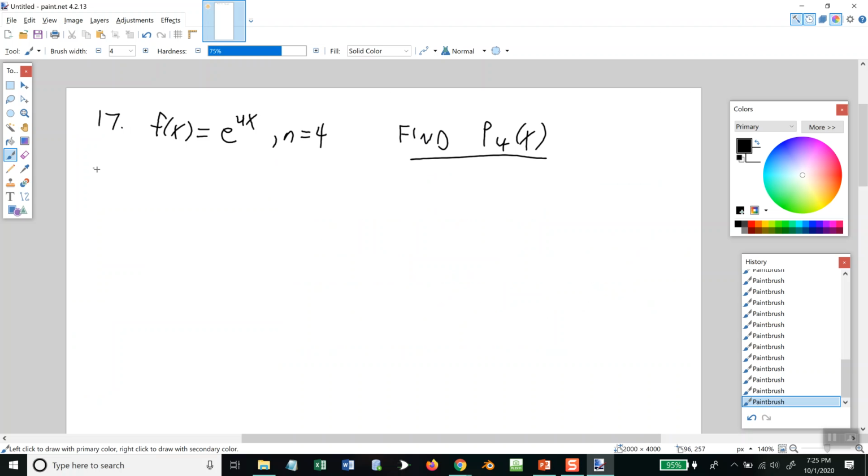First derivative of e to the power is e to the power times the derivative of the power, so that'd be 4e to the 4x. Second derivative, again, e to the power is just e to the power times the derivative of the power, so that gives us 16e to the 4x.